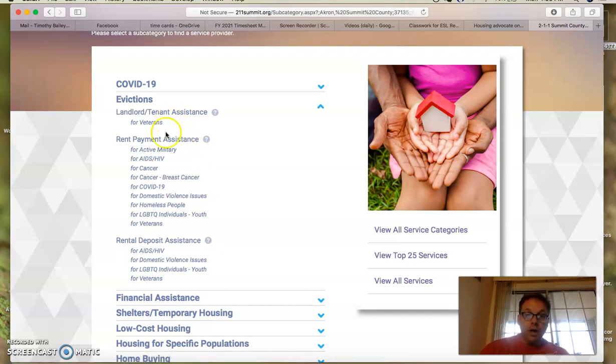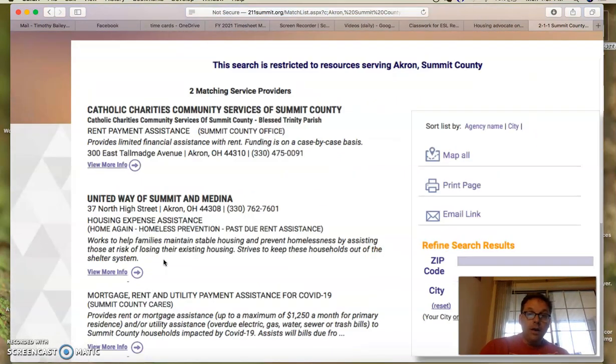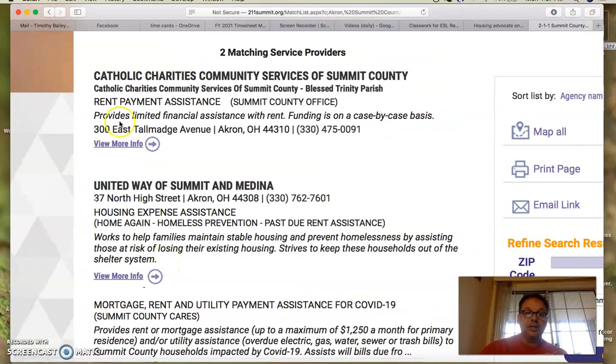So let's go here, right? Rent payment assistance. Look right here for COVID-19. I click on that. And I can see there are a couple organizations, Catholic Charities and the United Way of Summit and Medina, right? Counties. You can see rent payment assistance, housing expense assistance.